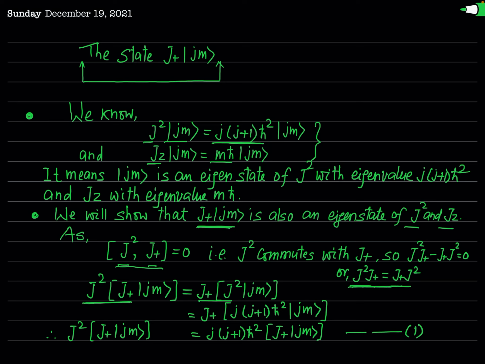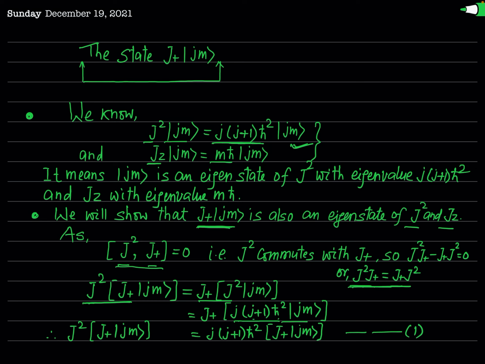You have seen in the previous lecture, I have mentioned it here, that the eigenvalue of the operator J squared is j times (j plus 1) times h bar squared. So J squared operated on |j,m> is equal to j times (j plus 1) h bar squared |j,m>.